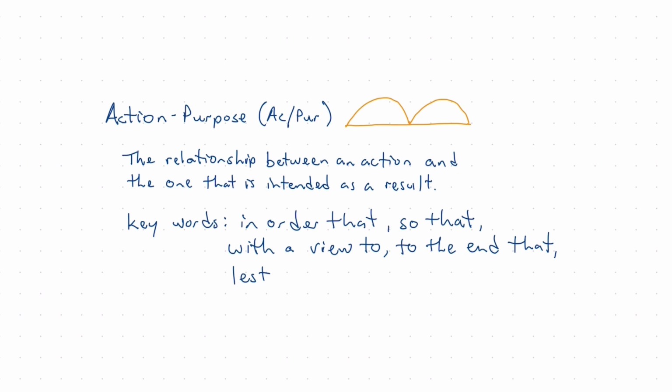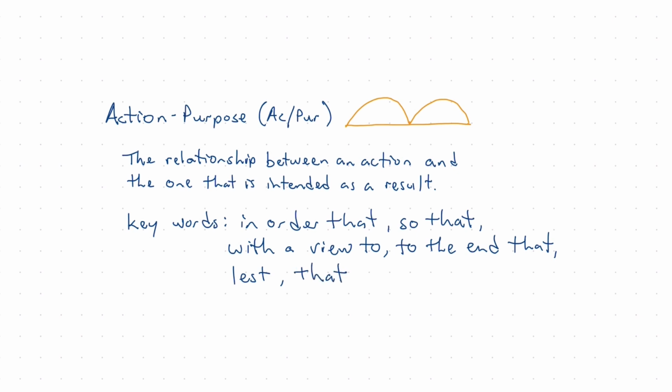Lest something happen as a consequence. So thinking about action and purpose: in order that, so that, with a view to, to the end that, lest, or even just by itself, the word that.